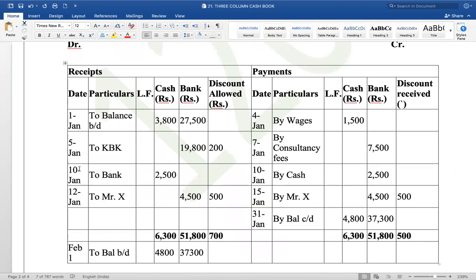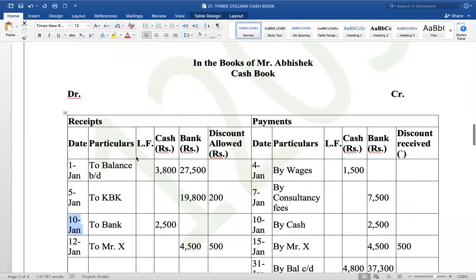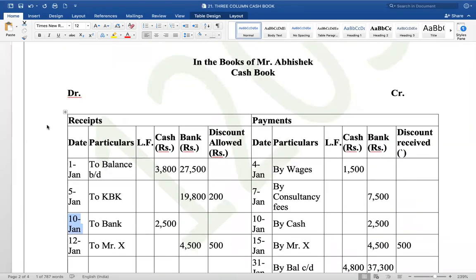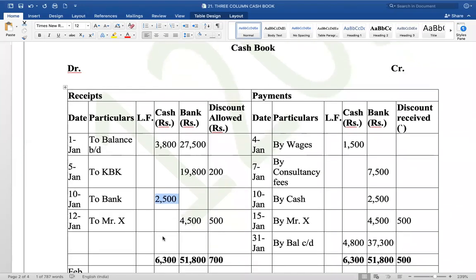On 10th January, cash account debit to bank. Bank is giving 2,500 in the cash column. Now bank is giving, right? So bank is to be credited.